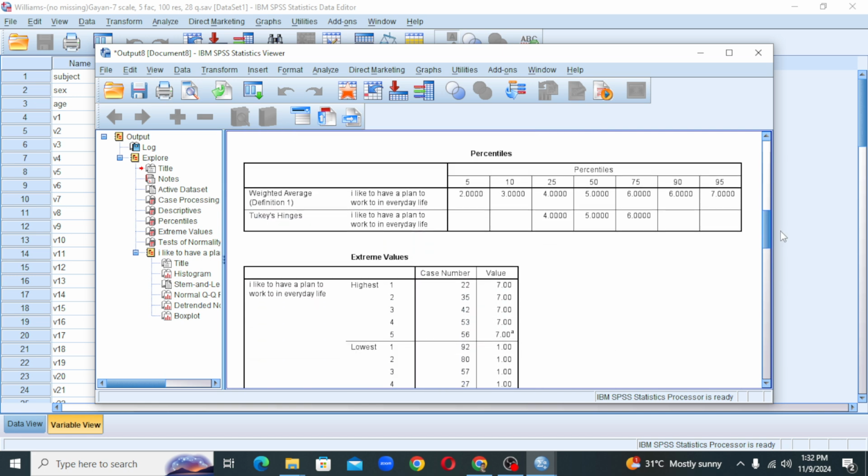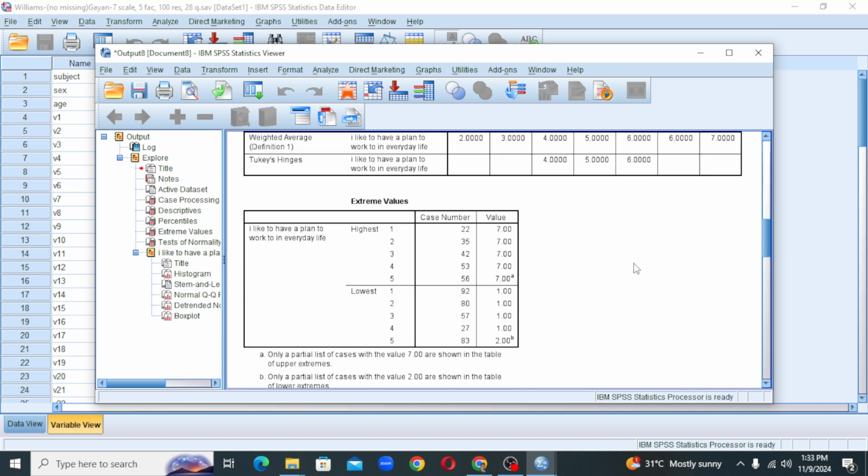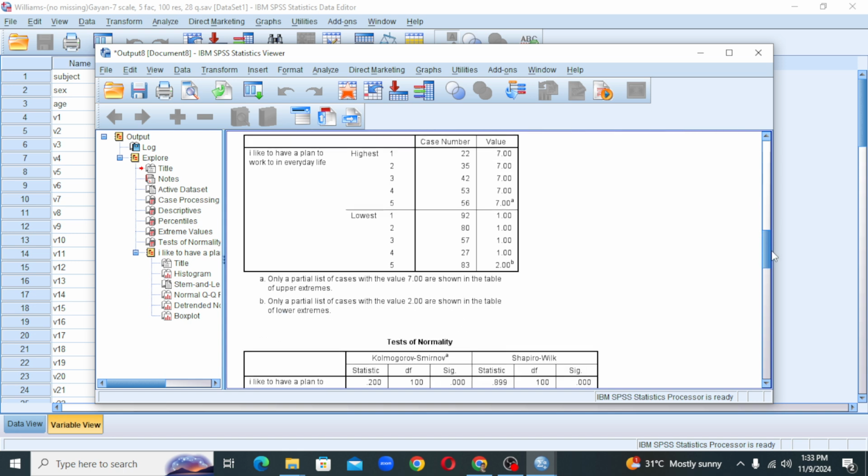variable. In percentiles, this says 50% of the responses are below 5 and 50% are above 5, and these are extreme cases, mostly outliers.